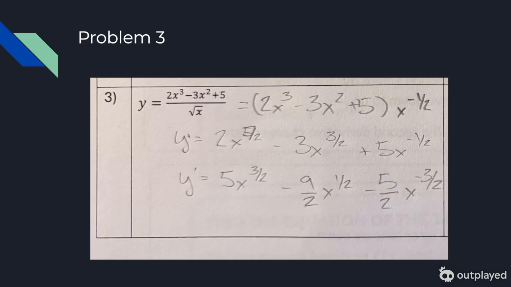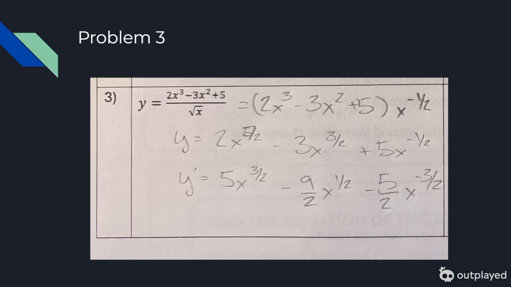Then we could take the derivative of this function, and it becomes 5x to the 3/2, because you multiply this 5/2 times 2, that becomes 5, and then you subtract 1, so it becomes 3/2. Same thing on this side. 3 times 3/2 equals 9/2, and then subtract 1 from the exponent, becomes x to the 1/2. Same thing on the third expression.